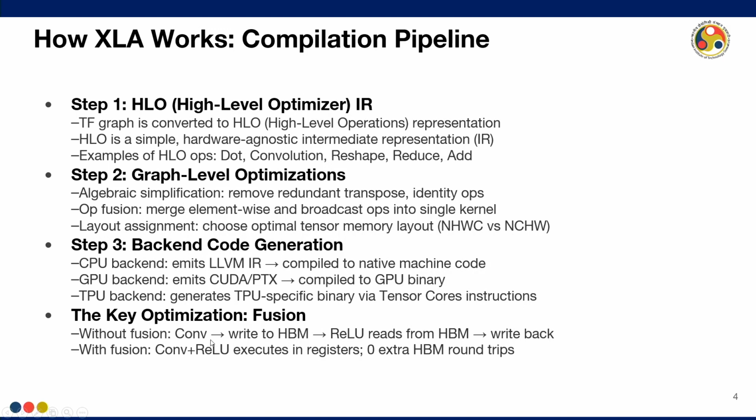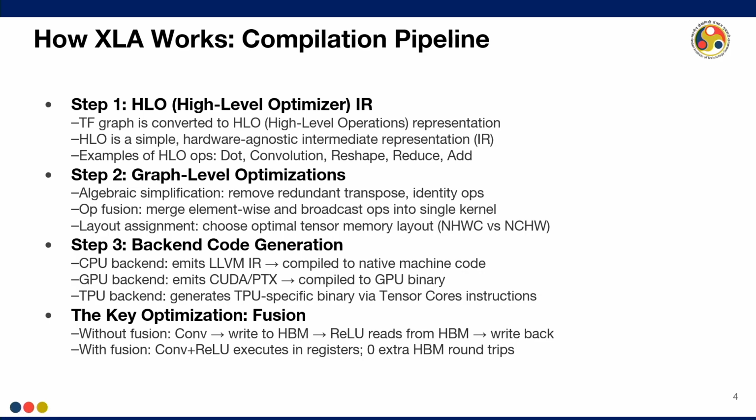So without fusion, this is an example. Convolution will write to high bandwidth memory, and then ReLU will again read from high bandwidth memory and write it back. But with fusion, the convolution and ReLU will execute at the same time, and basically it will store the intermediate results in the registers, and there will be no HBM transfer.